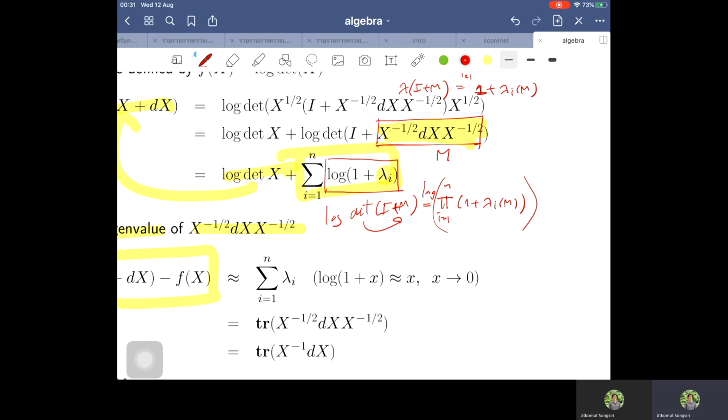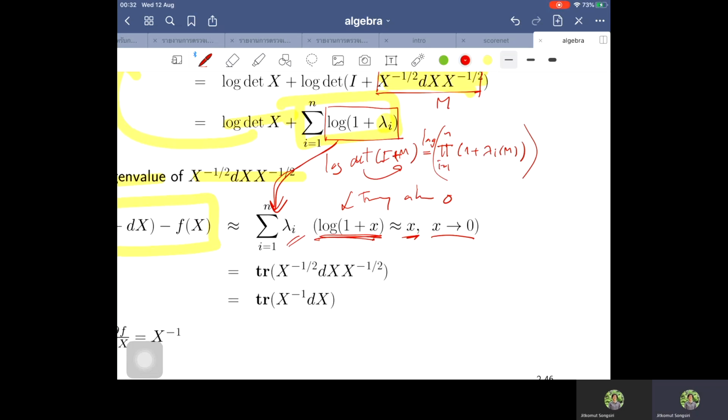We can use the first order Taylor expansion about zero: log(1 plus x) is approximately x when x is small. Then this term is approximated by the summation of lambda i.